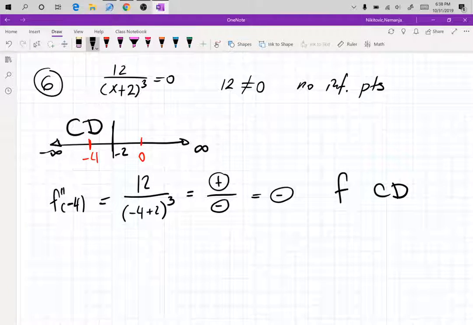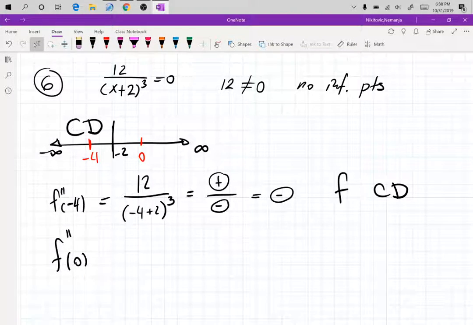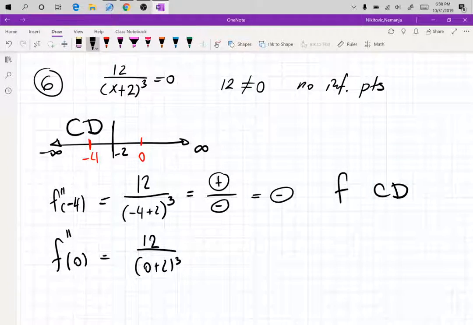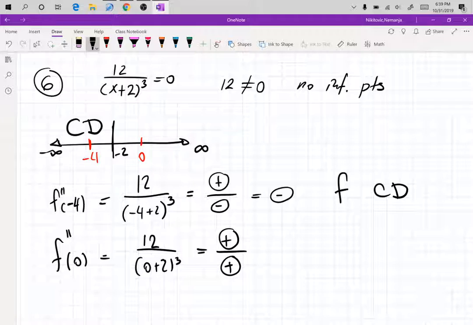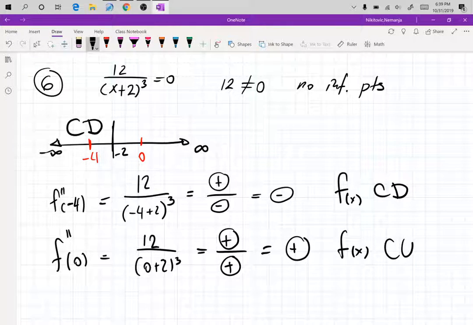So negative second derivative gives us concave down. Then we do the same calculation for 0 in the second derivative, which is now 12 divided by (0 plus 2) cubed. Again, cube preserves the sign, so now we are dividing positive by positive, and we are going to get a positive. So f of x is concave up.